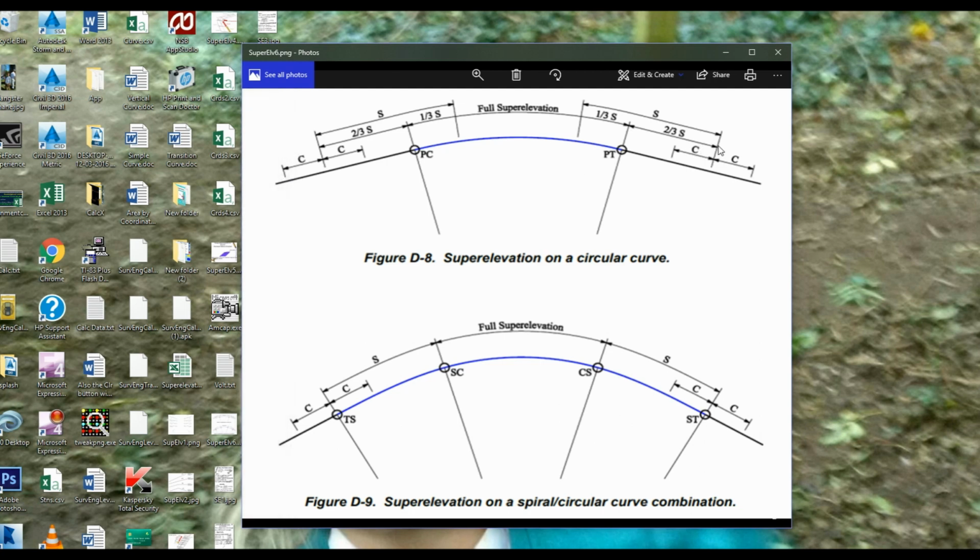And similarly on this side, we just add that value 11.077 to this chainage here of the 2/3 into the straight or the tangent, and that would give us normal crown rate there, which is the run out there.